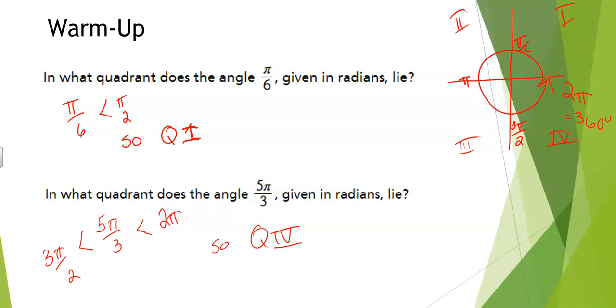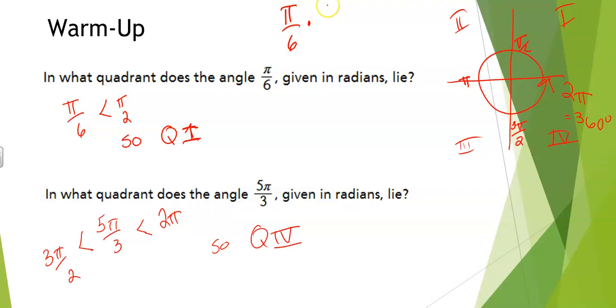These answers. So the first one, we know that pi over 6 is 30 degrees. If you weren't sure, you could always set up your proportions and figure out how to solve for pi over 6 radians.